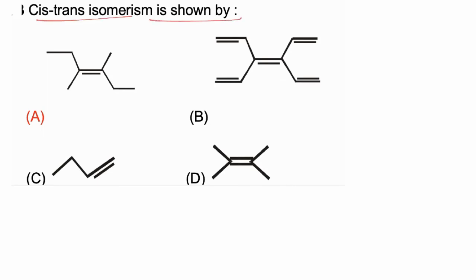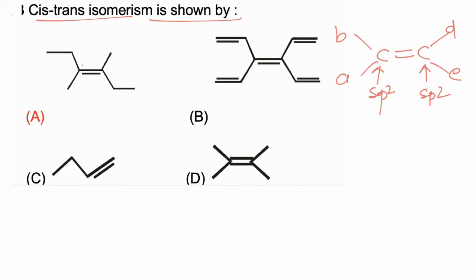Cis-trans isomerism is shown by which? For any molecule to show cis-trans isomerism, it must have individually different units on the terminals, and each sp2 atom must have at least one atom or one group in common.